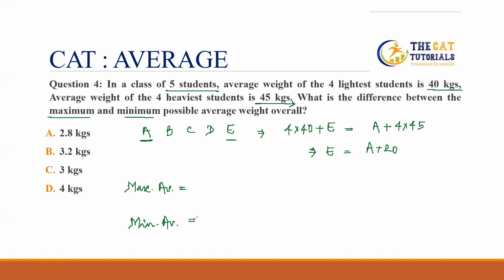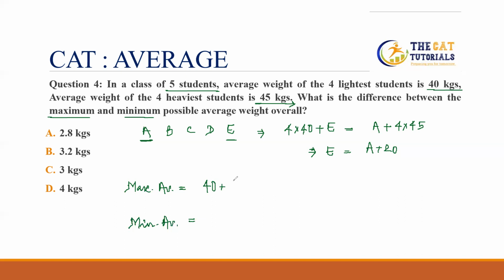So how can we get the maximum average? It means we have to maximize A. So for the maximum average, we have to maximize A, and the maximum value of A is 40.